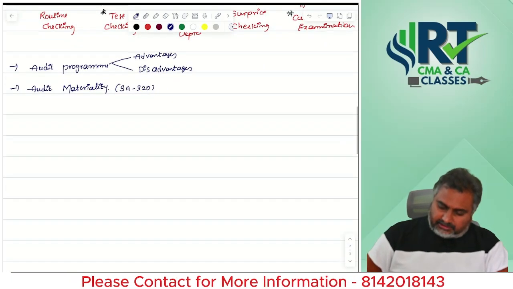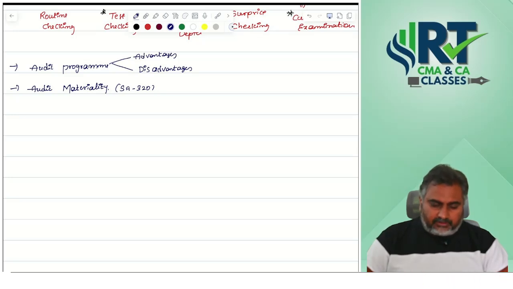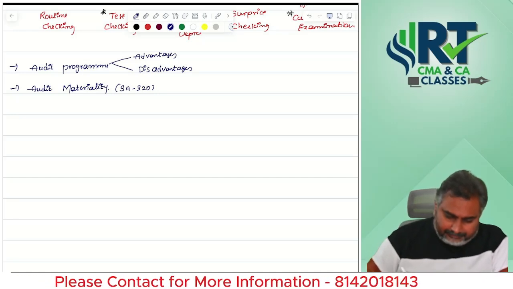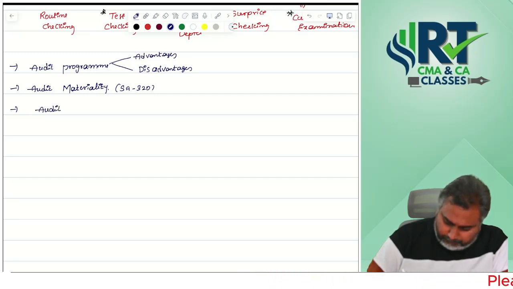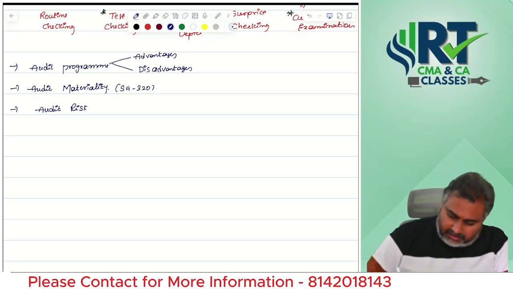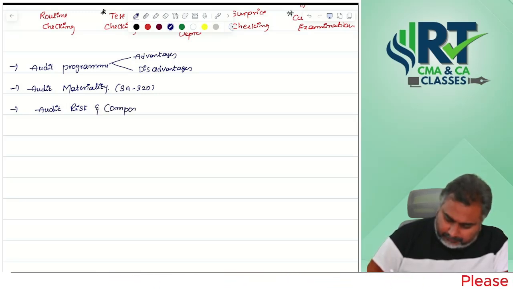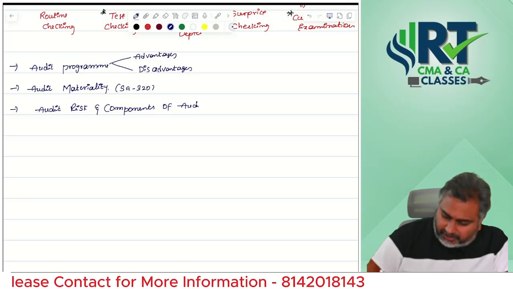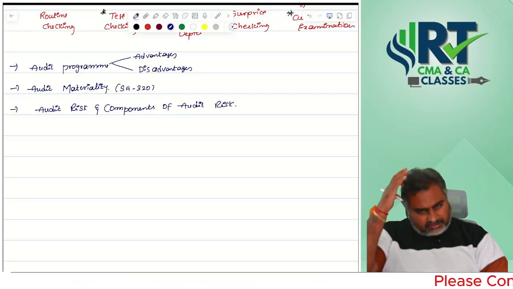Try to remember the standard names also, because they may ask these under MCQs. Going with internal control, what is meant by audit risk and components of audit risk: inherent risk, control risk, detection risk.